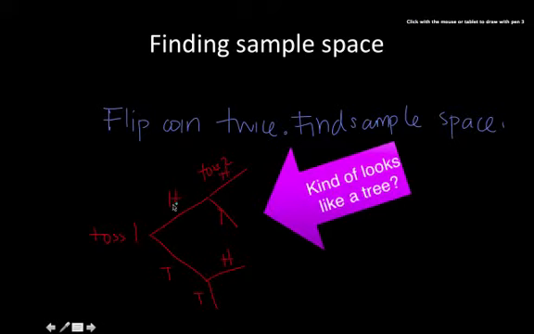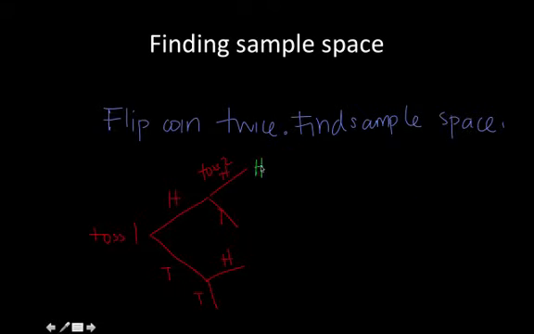So heads, heads, that's one outcome. Heads, tails, that's another outcome. Tails, heads, that's another outcome. And tails, tails. So my sample space for flipping a coin twice is heads, heads, heads, tails, tails, heads, tails, tails.